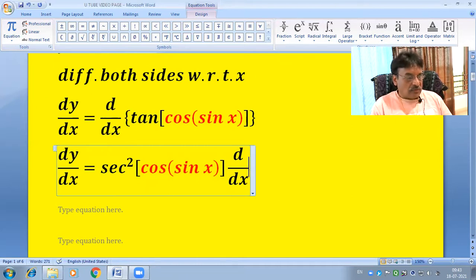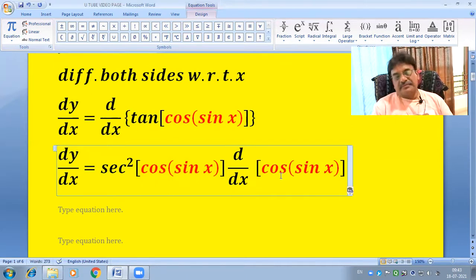Here we use the chain rule indirectly, with the simple derivative formula d/dx of tan f(x) is sec square f(x) into f dash of x, and f(x) is replaced by the red color function, cos of sin x.